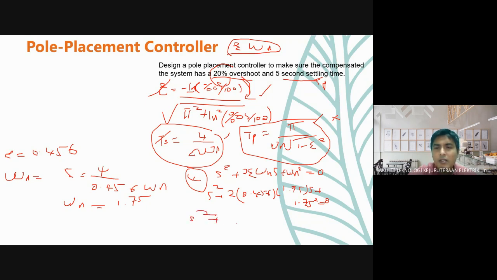What will be the answer for the first one? 1.75 multiplied with 0.456 multiplied with 2.